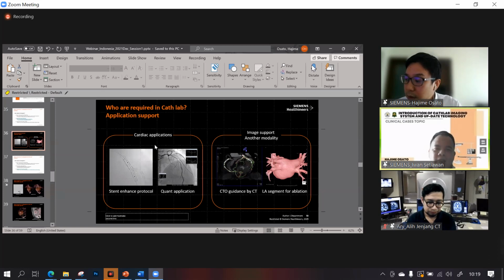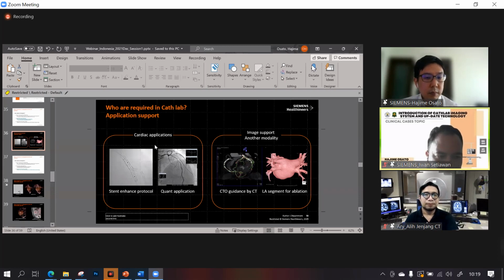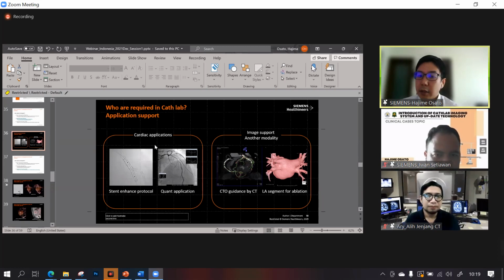Hajime, one of the questions coming from Pak Ari is, as you know, in Indonesia, in our education for the radiographer level, after passing the diploma degree, we can continue to a subspecialty like the MR system or CT system. Could you share the Japan situation, is there a Cathlab intervention subspecialty after the diploma degree, Hajime-san? Sorry, I didn't get your point.